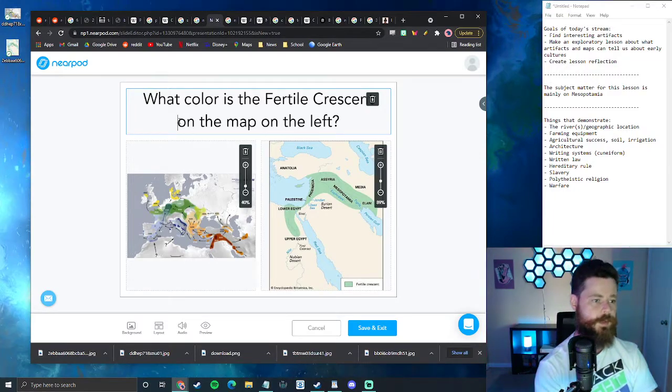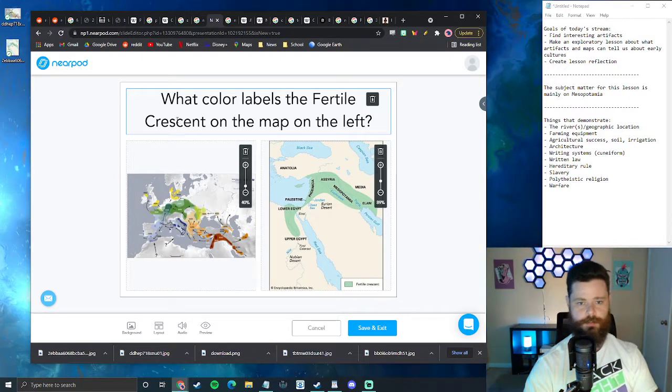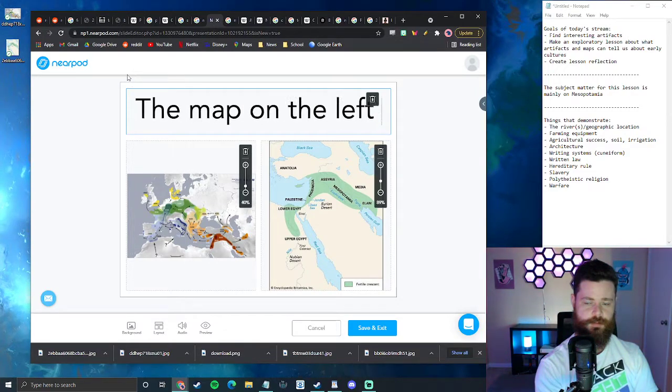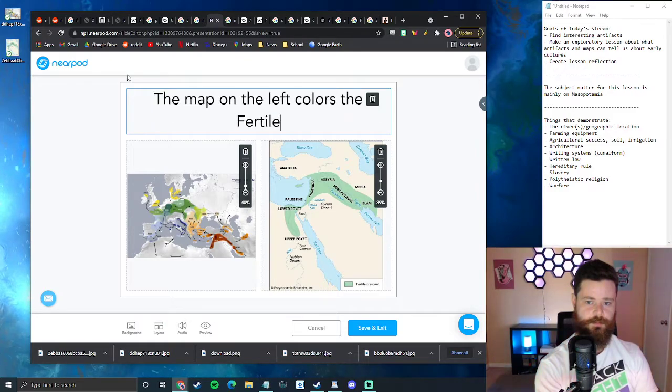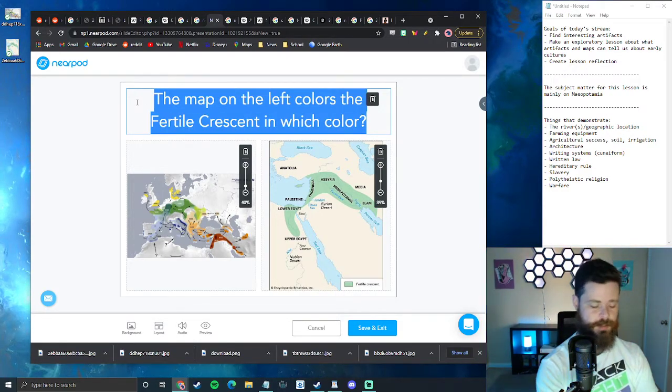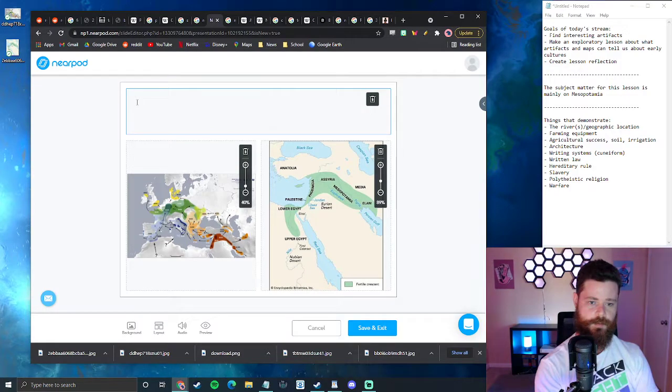What was a better way to word that? Color. The map on the left colors the Fertile Crescent in which color? Actually, you know what? No. Let's do open-ended. Okay. Where is the Fertile Crescent? No, okay.